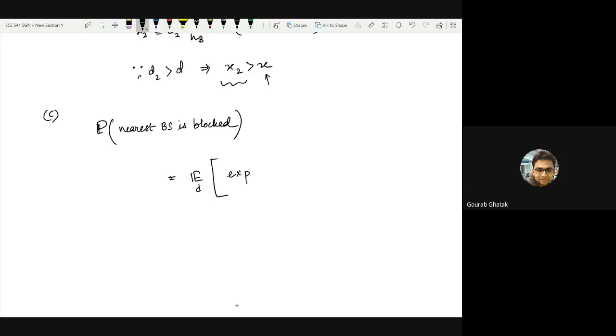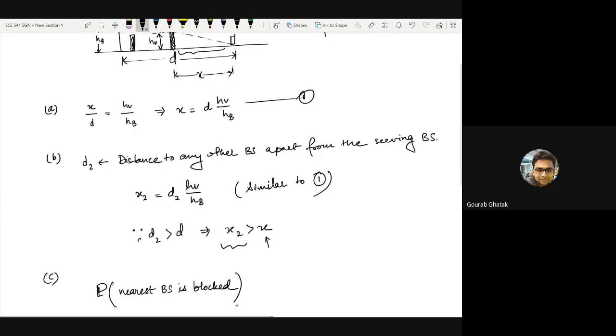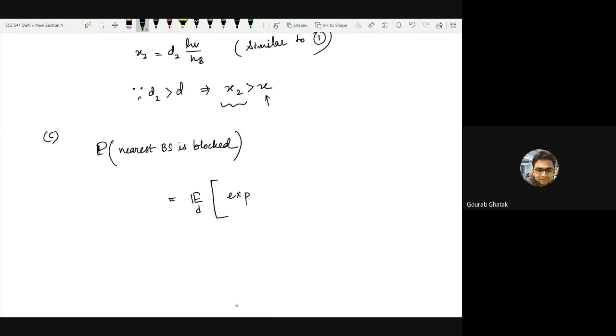By the way, we have said that the probability that there are no vehicles within this distance x is simply e to the minus lambda v times this quantity, because it's also a Poisson point process. So it's exp of minus lambda v d hv by hb. I hope it is clear how I got to this part, right?